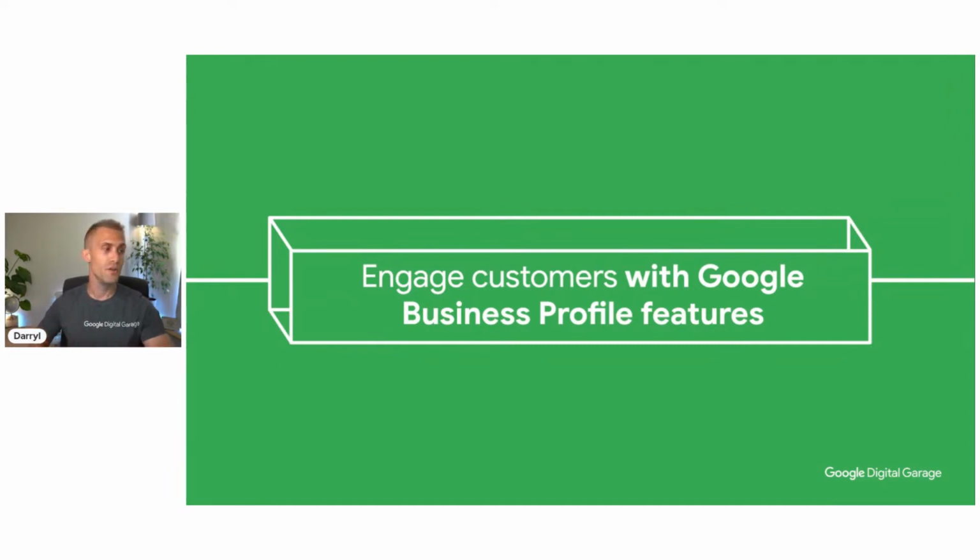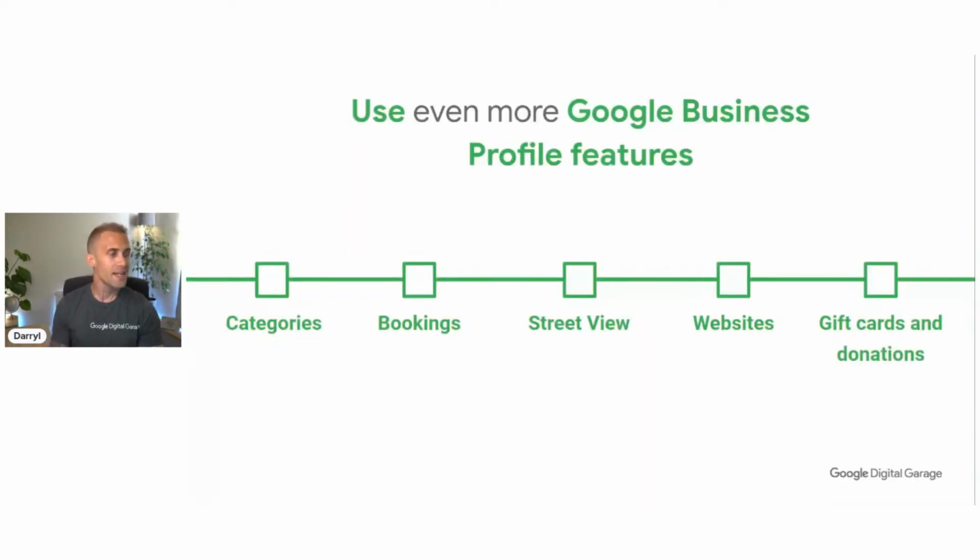But now what we're going to do is look at how we can enhance your Google Business Profile with the features. There are tons of features that are going to make your life a lot easier, along with many of your customers. So use even more Google Business Profile features. You're going to have categories. We'll talk about that very shortly, because when you look to create a new business profile, it's very important that you categorize your business correctly, because this could potentially be a real issue along the line.